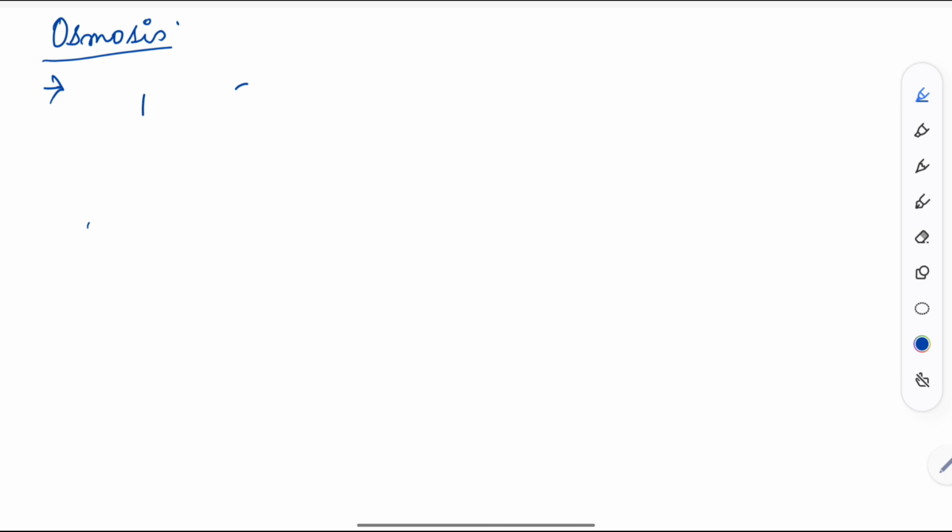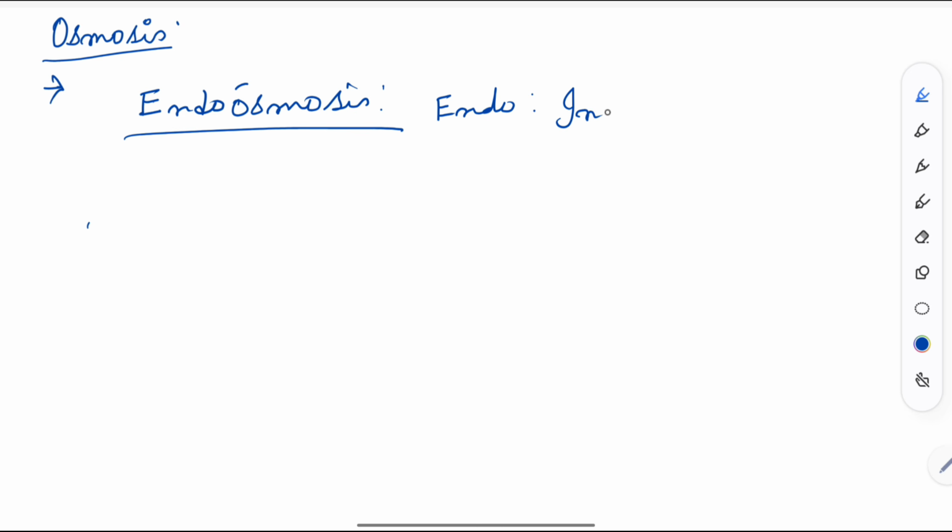Okay, one is endoosmosis. Now remember that if it is written endo, we will understand that it is trying to say inward movement. Now in this case, what will happen?